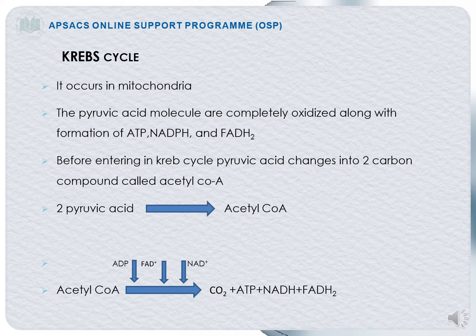You can see in the reaction that when 2 pyruvic acid molecules are converted into acetyl coenzyme A, this gives us carbon dioxide, ATP, NADH, FADH2. All of these energy carriers are reduced because of the gain of hydrogen, as you can see.